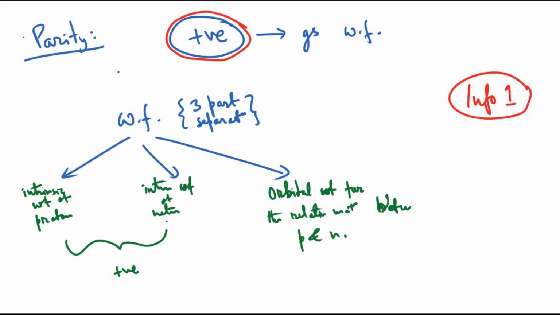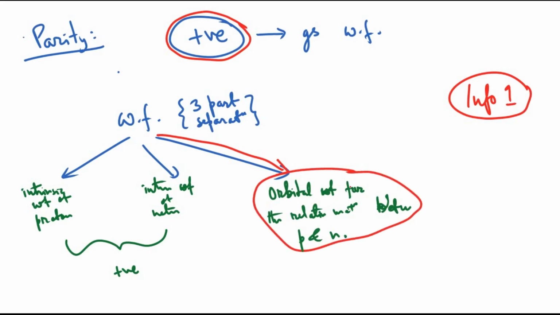So as a result, the product of the intrinsic wave functions has positive parity regardless of the parity of the nucleon. Fine. So this means this overall wave function, its parity will be decided by this factor. So this is the factor which will be playing the role for parity, the orbital wave function.